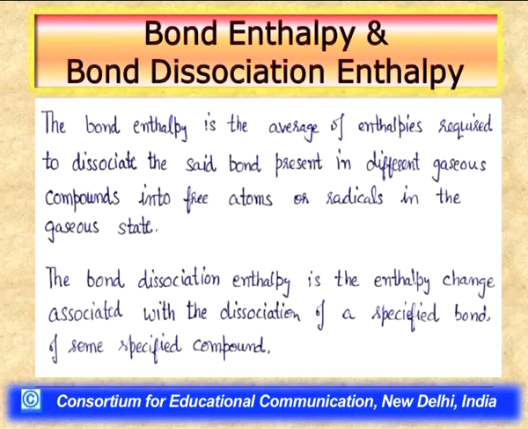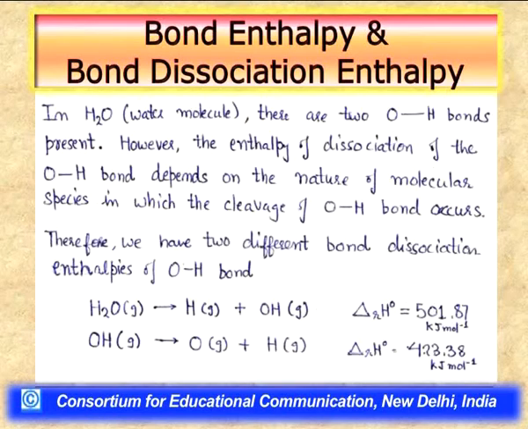So we would like to see what it actually means. But before we do that, let us have a look at what bond dissociation enthalpy is. The bond dissociation enthalpy is the enthalpy change associated with the dissociation of a specified bond of some specified compound. Suppose, for example, we have water.